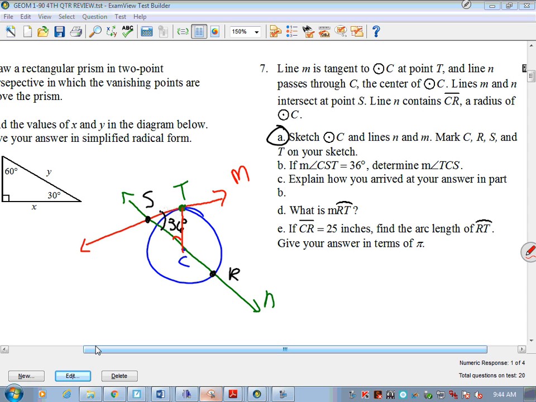Okay, so we're dealing with triangle and angles. What number do we typically deal with when we're talking about triangles and angles? 180. But I only know one degree. Do I know anything else? What is TC? What's another name for TC? No, because a chord goes all the way through. A radius. All right, what do I know about a radius and a tangent line? Right, even though it doesn't look like it, but that's drawing error more than anything, right?